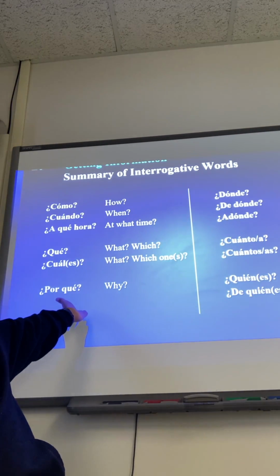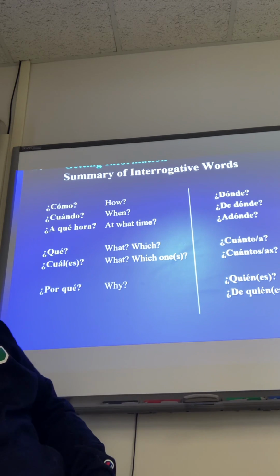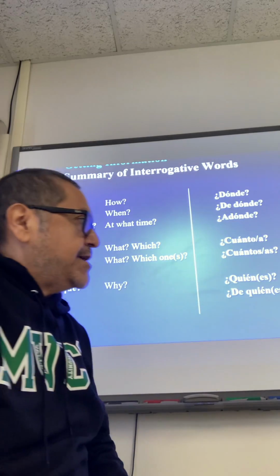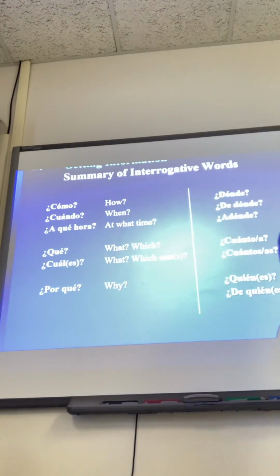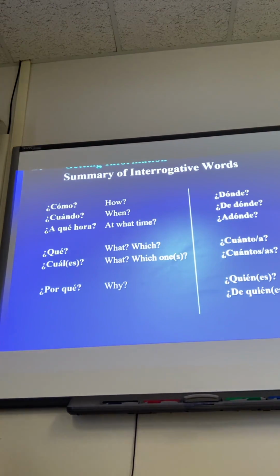And I know I'm skipping around because I'm going by this chart. ¿Por qué means why, okay? Now, it's not on the list, but you should also know that porque means because.